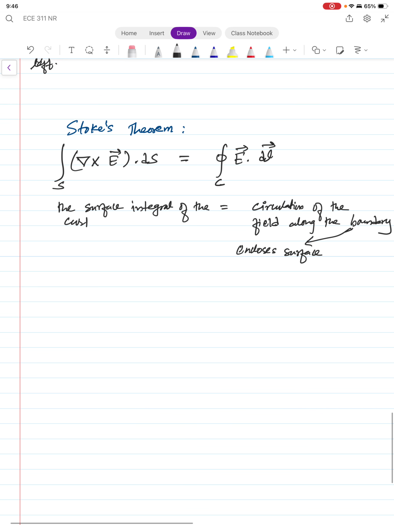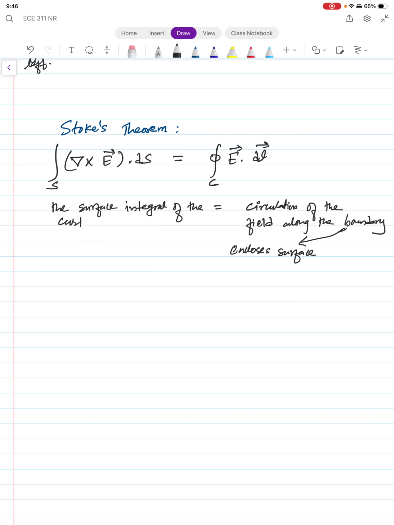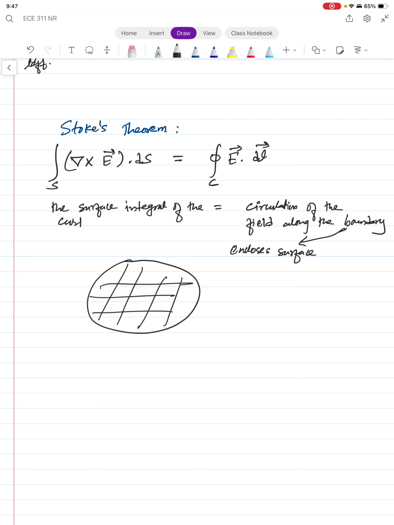Okay, to give you an example, let's say this is your surface, and you are calculating the surface integral of the curl of a vector function.